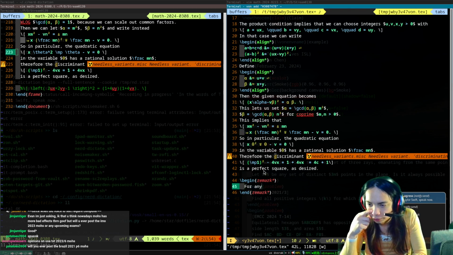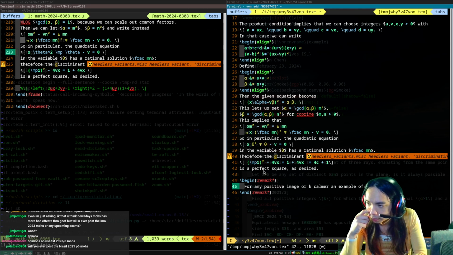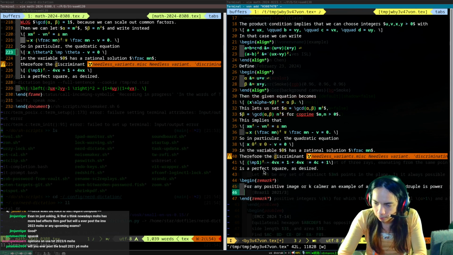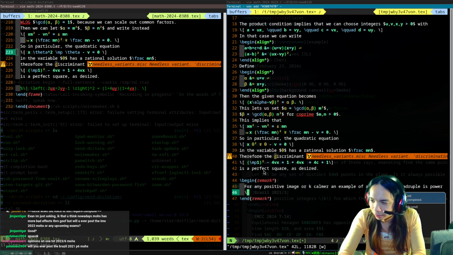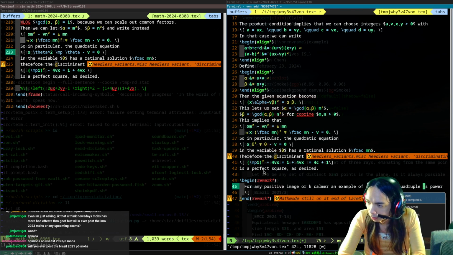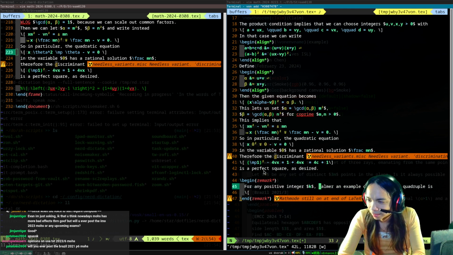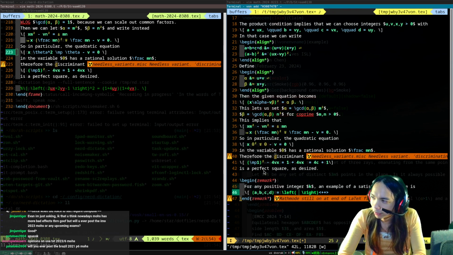For any positive integer k, an example of a satisfying quadruple is, paragraph stop now. Okay, the stop now command is not working. I'm not sure why. I'll debug that later. A, B, C, D equals, well, what did we say the example was?